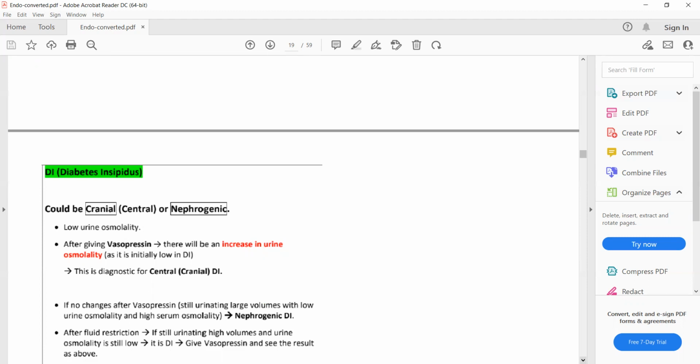What will be urine osmolality in diabetes insipidus? High or low? Can someone answer this? Will it be high?